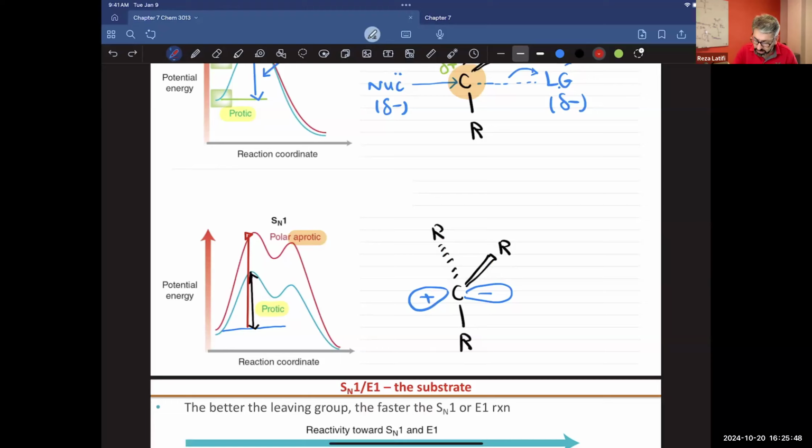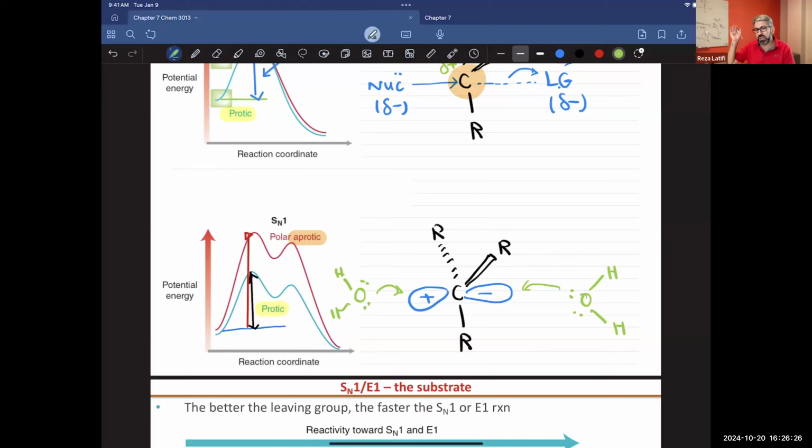Now, can we reach that empty orbital from right or left? Yes, we can easily reach it. So your solvent, if it's, for example, water, can easily reach this side of the empty orbital, or it can reach it actually from the other side. We say the intermediate, the carbocation in this case, is kind of naked, and the nucleophile does not see any steric effect here to reach it.